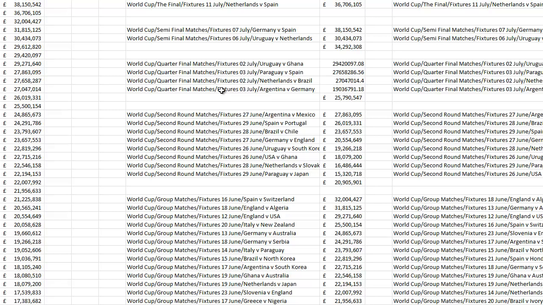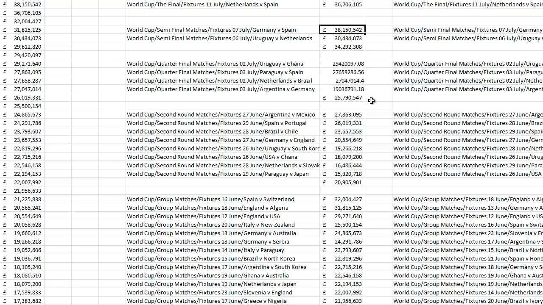And if you break these down into the individual matches and group stages, this gives you a clearer view on how the total volume was matched. So again, including pre-off and in play, the final produced turnover of 36.7 million.